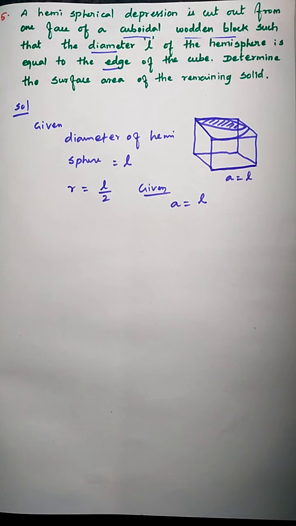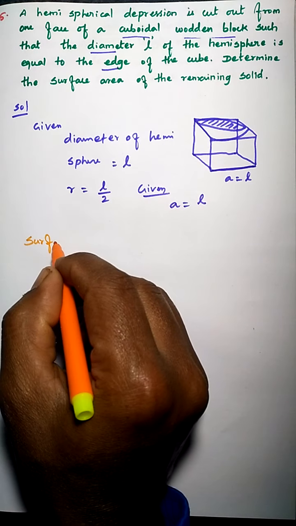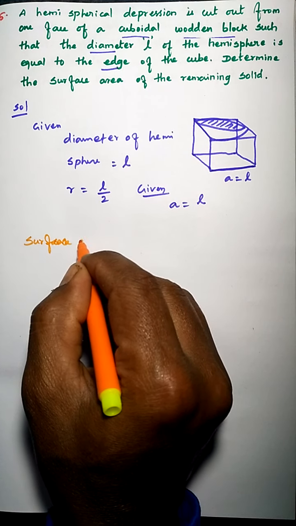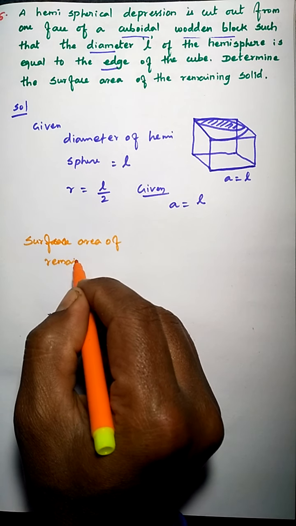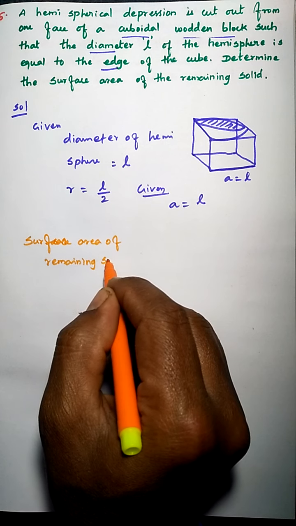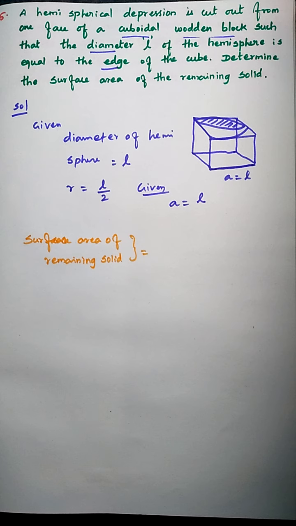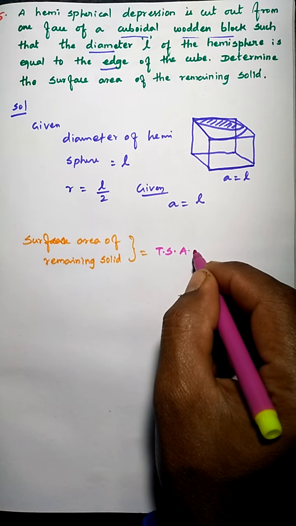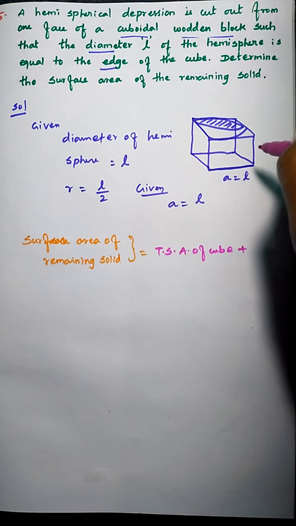To find the surface area of the remaining solid, the formula is: total surface area of cube plus, inside that, the hemisphere will be there.